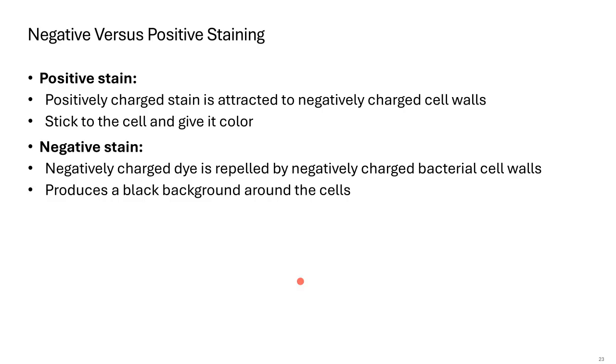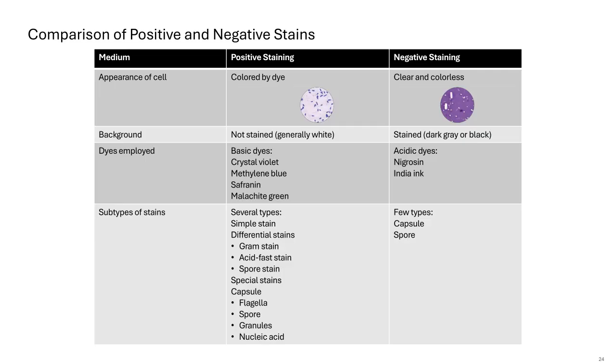A positive stain is a positively charged stain attracted to negatively charged cell walls. It sticks to the cell and it gives it a color so you can see the cell. A negative charged dye is repelled by those negatively charged cell walls and it produces a black background around the cells. So that's all great, but let's see a picture because that's probably better.